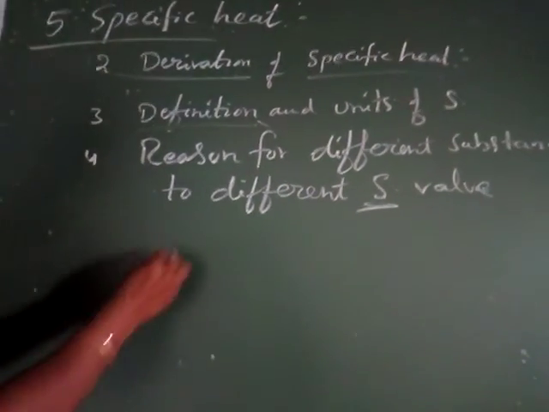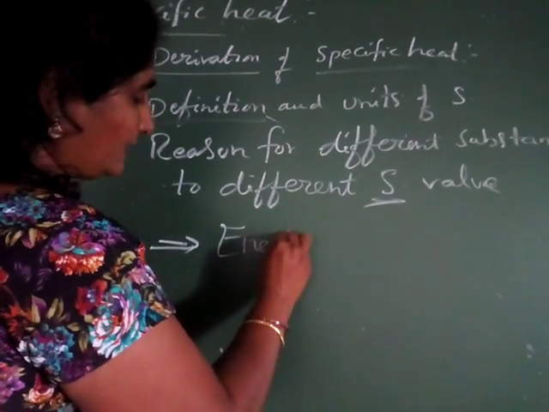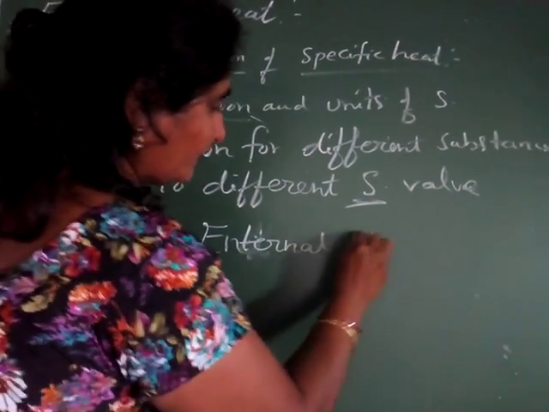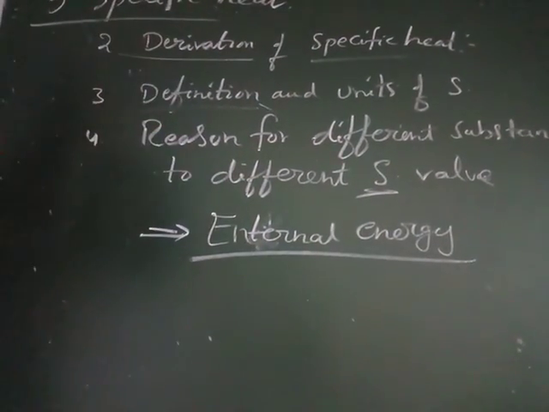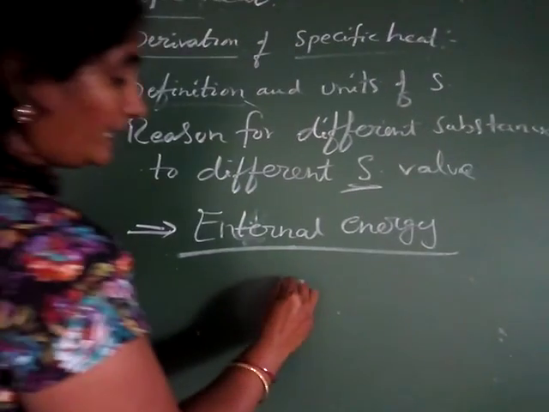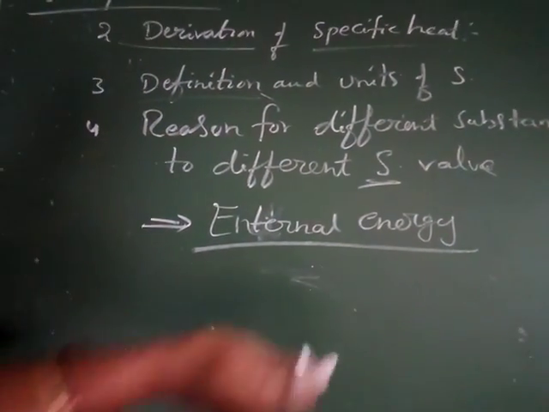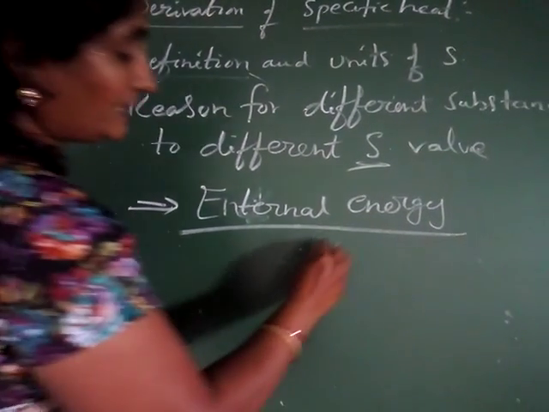I already know about internal energy. What is internal energy? Specific heat depends upon the internal energy of the substance. Internal energy means the combination of all energies present in the body. What are the energies present here?